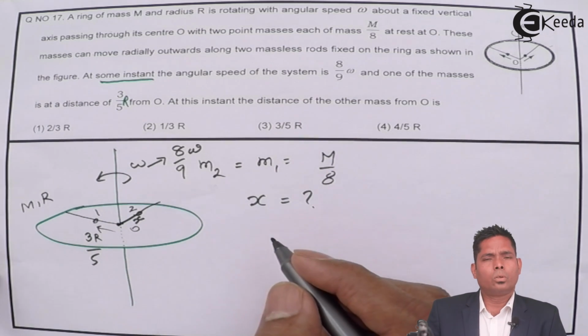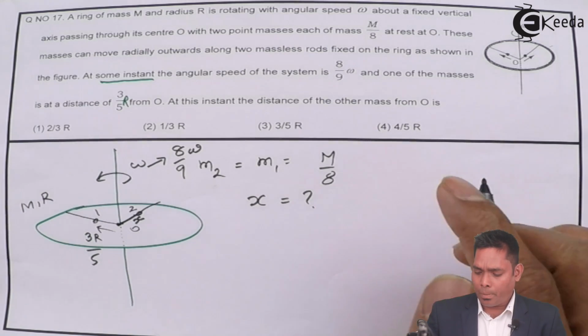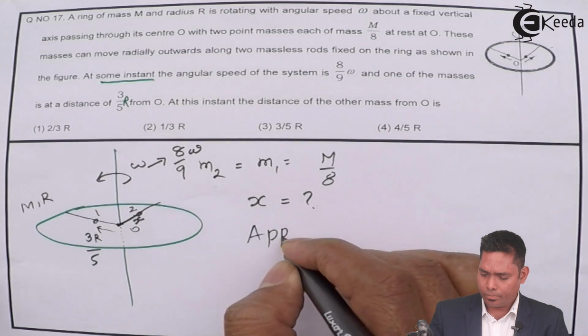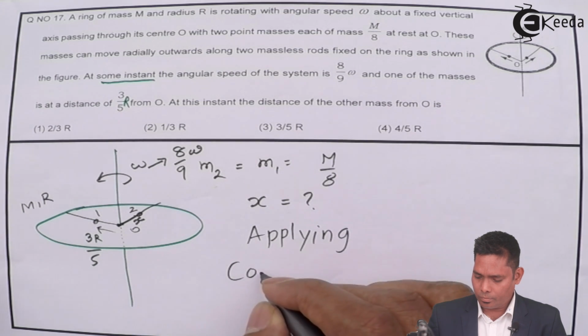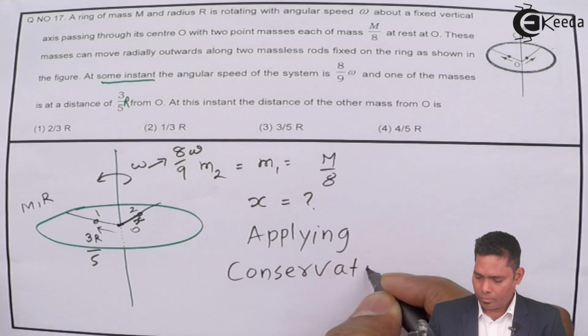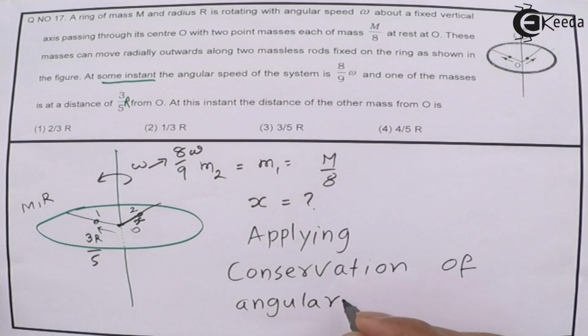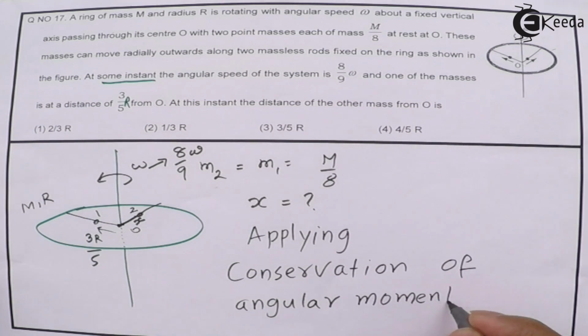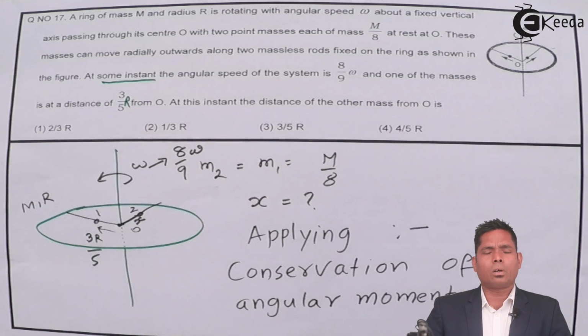Now, based on the principle of conservation of angular momentum, which says that in the absence of net external torque, the angular momentum of the system will remain conserved.